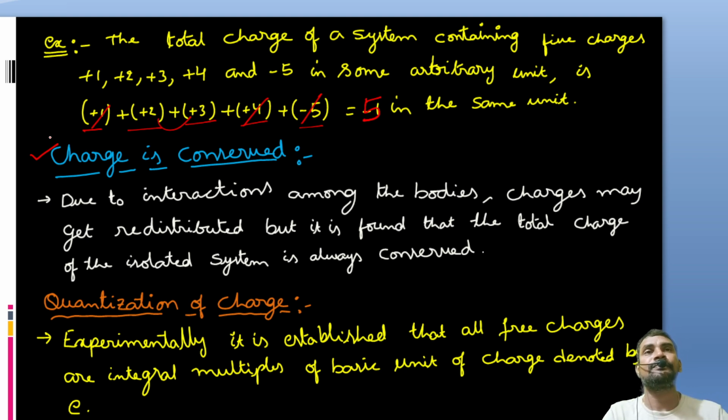Okay, next one, quantization of charge. Experimentally, it is established that all free charges are integral multiples of a basic unit of charge, and the basic unit of charge is denoted with the small letter e.